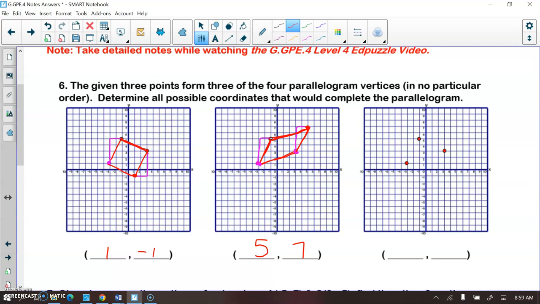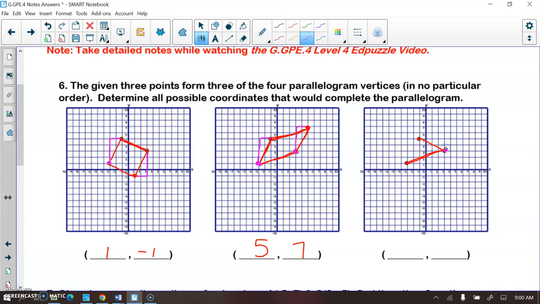All right, lastly, there's another way that I can connect all 3 of these points here. I can connect them this way. And then I can use opposite reciprocal, or not opposite reciprocal slopes. Now I can use slopes to determine my 4th point.